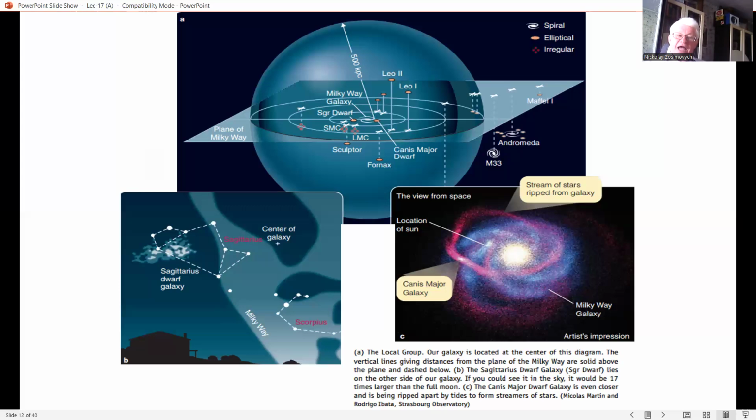For example, a small dwarf galaxy known as the Sagittarius dwarf has been found on the far side of our own galaxy, where it is almost totally hidden behind the star clouds of Sagittarius. You may see this in figure B in this part of the slide.